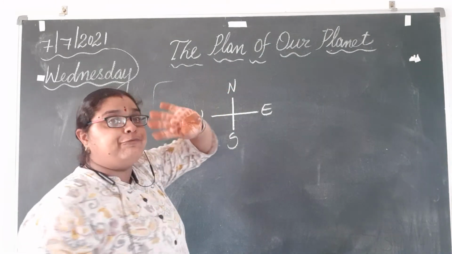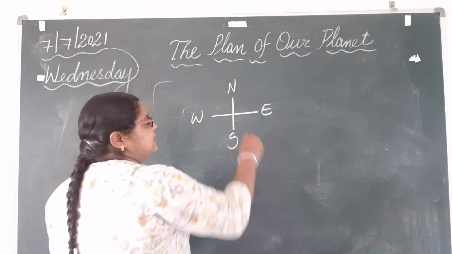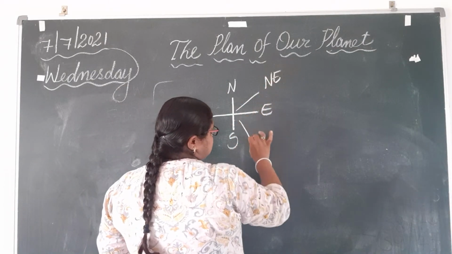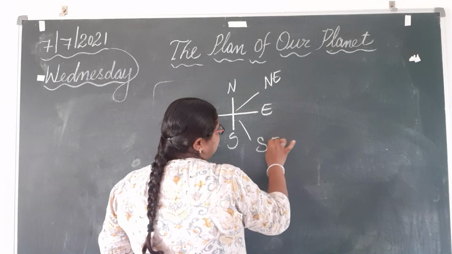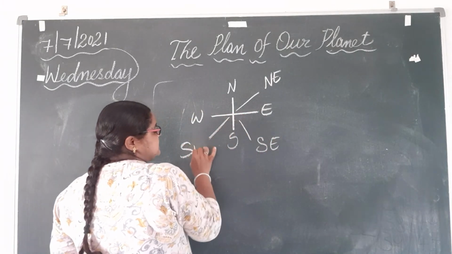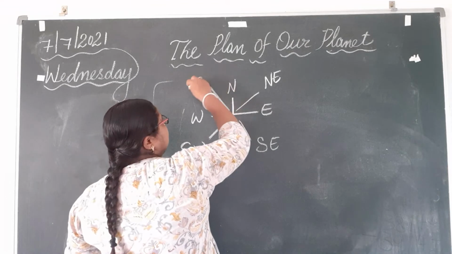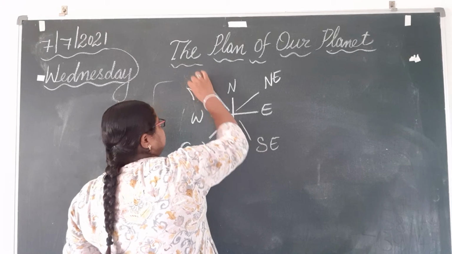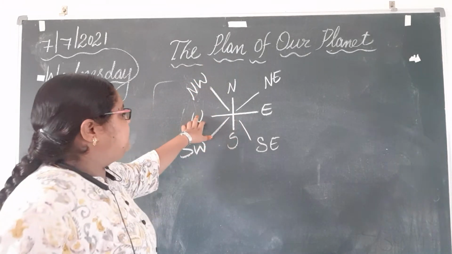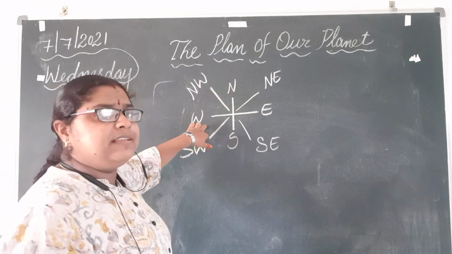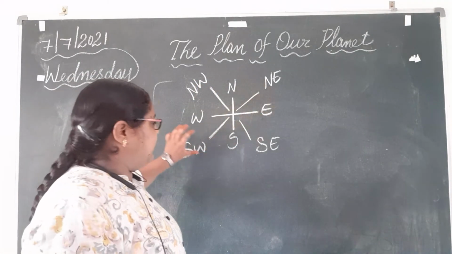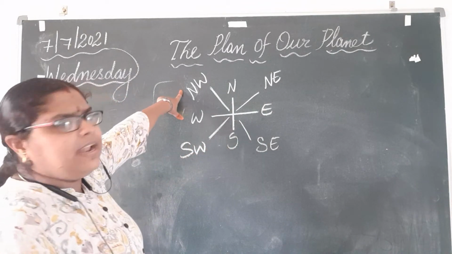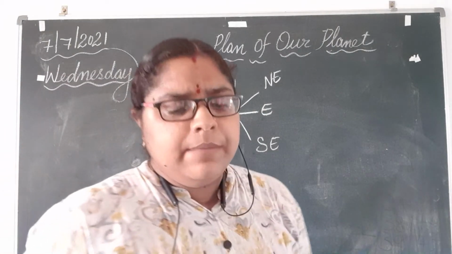Beside this, we have 4 sub-directions. They are northeast, southeast, southwest and northwest.